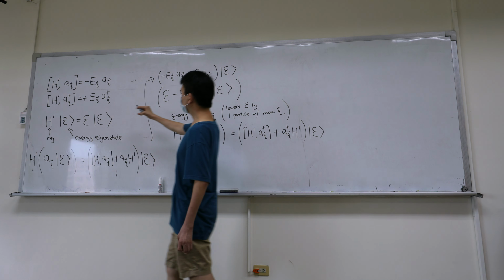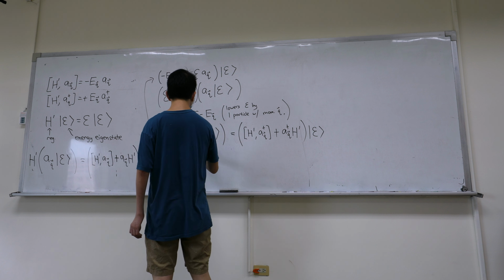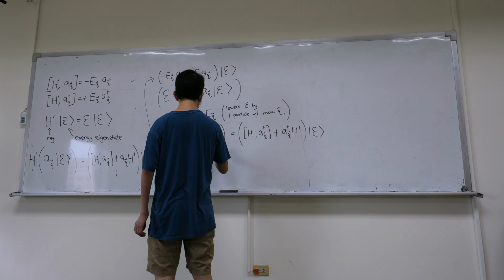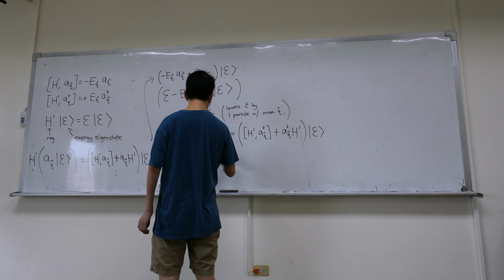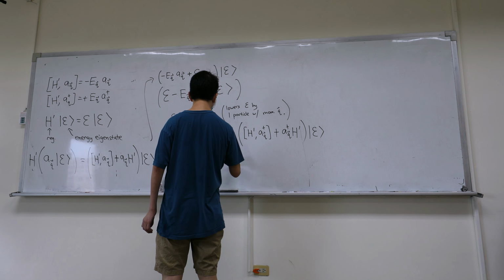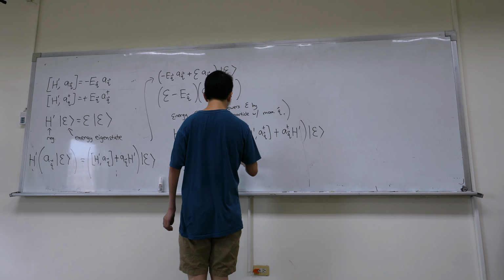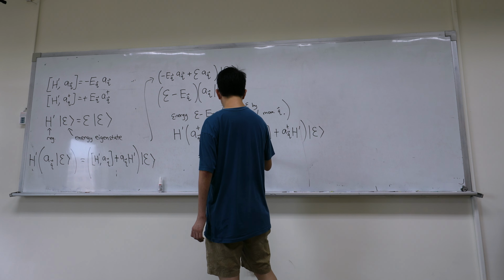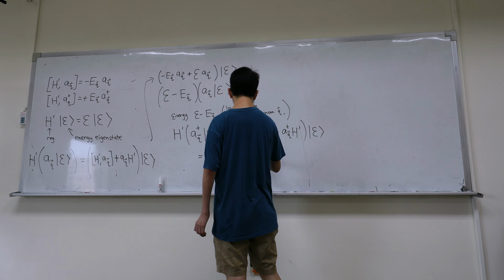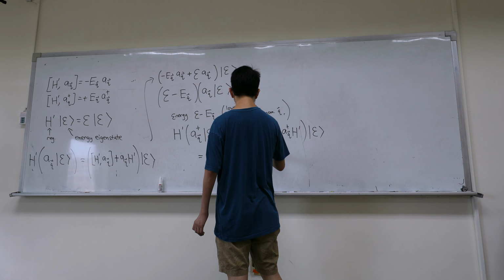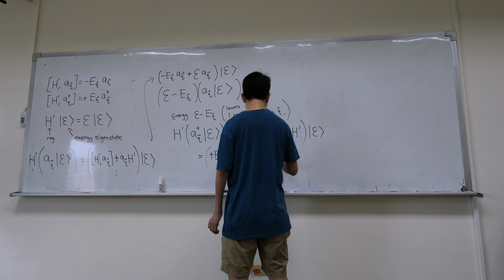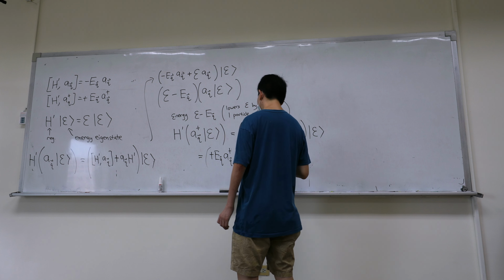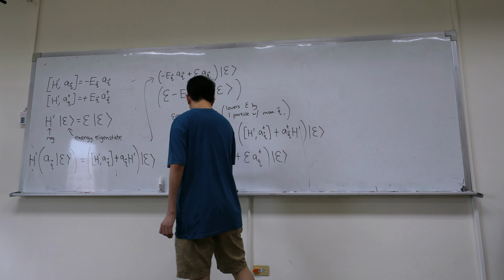where I use this commutation relation and it gives me plus EQ times AQ dagger, plus, now each time acting on E by assumption was my script E times AQ dagger, all acting on E. Okay. And so again, I can factor out.